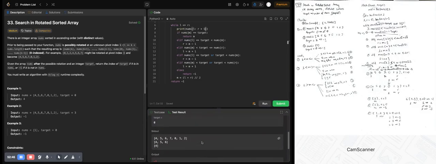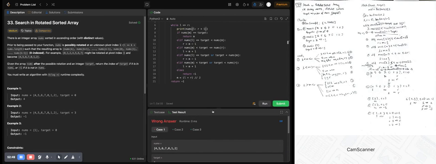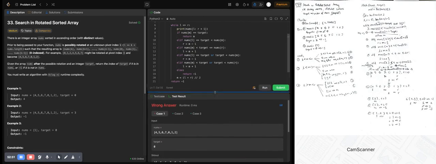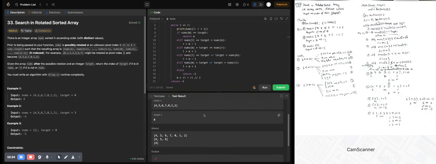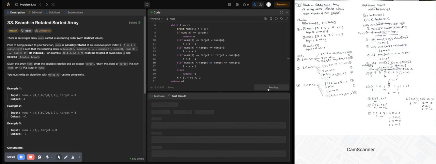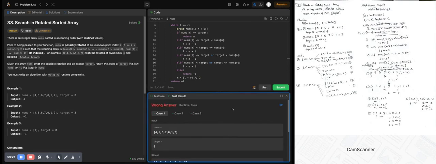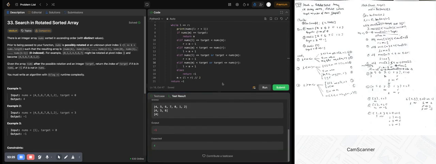So initially we have 4, 5, 6, 0, 1, 2, which is our input. And then 7 is not right. Well then, it is not between 4 to 7. Okay, something is wrong. Okay, so this one here should be equals. It's still wrong.